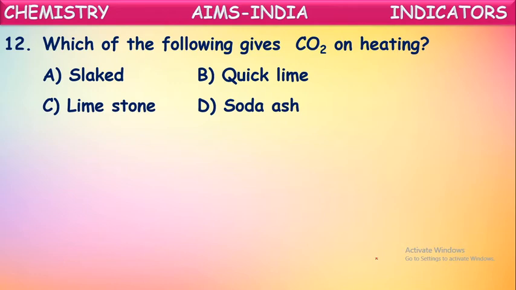So limestone on heating gives carbon dioxide. Limestone represents calcium carbonate. So this calcium carbonate on heating splits into calcium oxide and carbon dioxide. So in this way generally carbonates and bicarbonates give carbon dioxide gas on heating. So here limestone is one of the carbonates, so it gives carbon dioxide on heating.